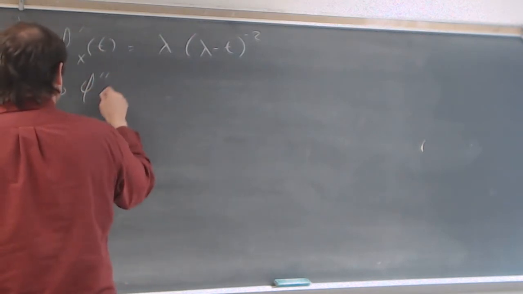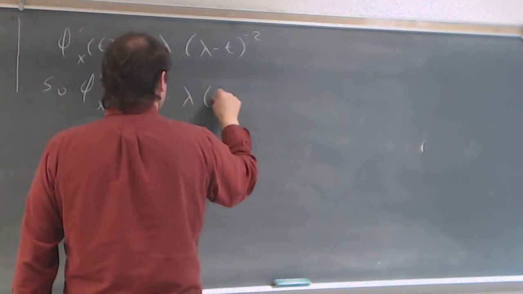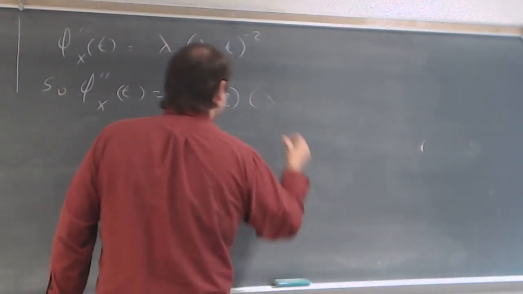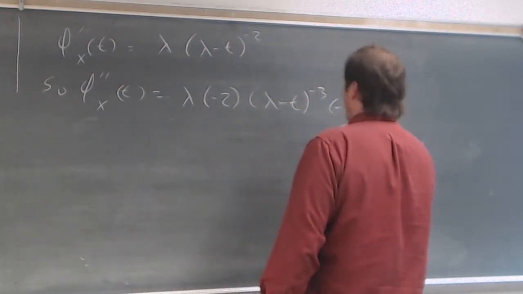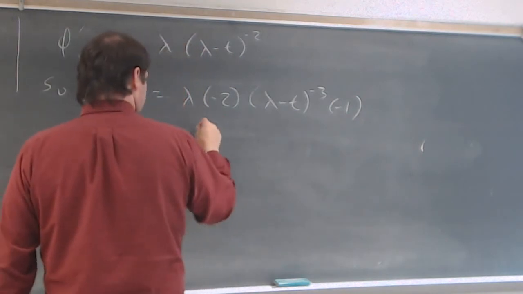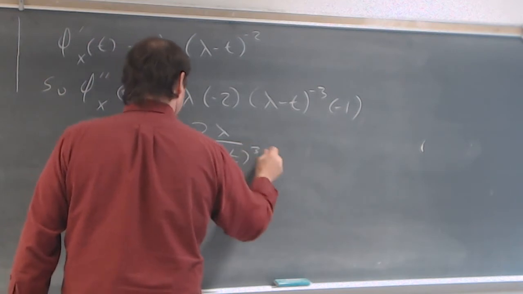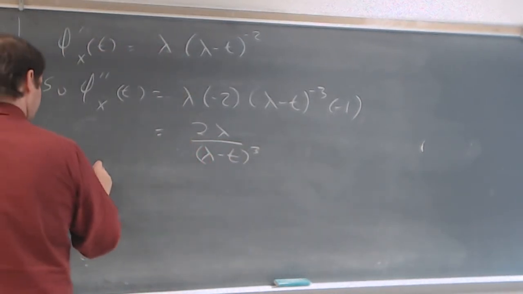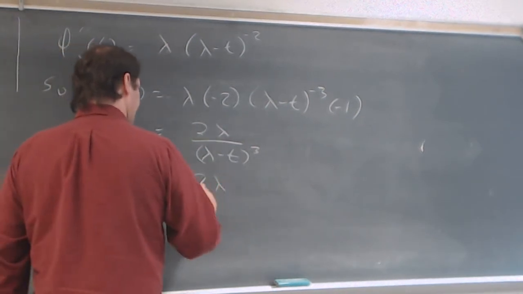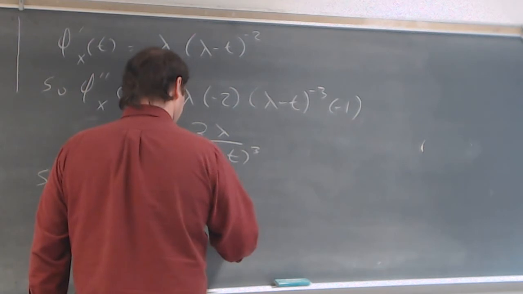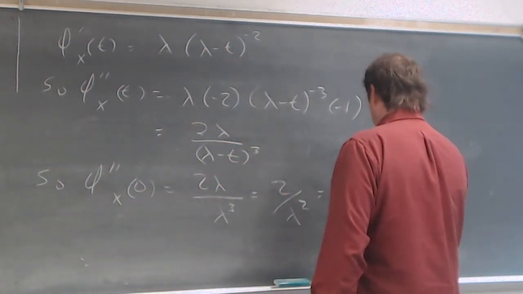So the second derivative is going to be equal to lambda times minus 2, lambda minus t to the minus 3 times minus 1, which equals 2 lambda over lambda minus t to the third. So, when I take the second derivative and evaluate it at 0, we get 2 lambda over lambda to the third, or 2 over lambda squared. And that is the expected value of x squared.